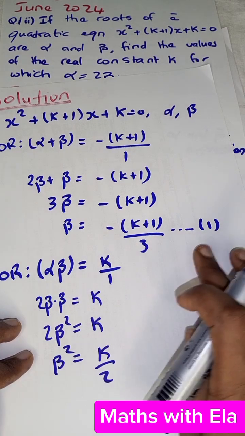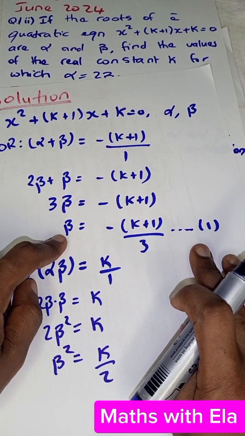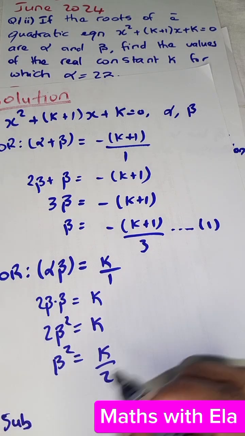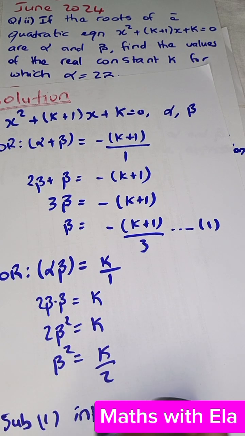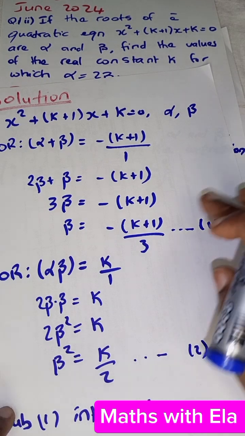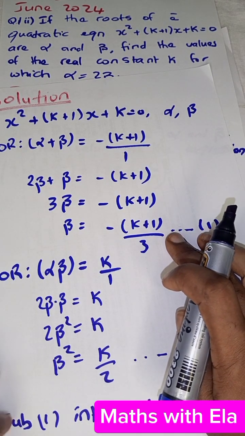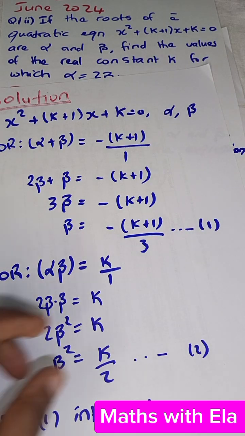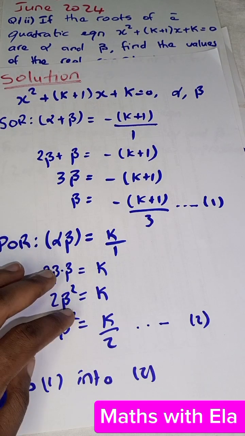But from equation 1, we've had an expression for beta. So substituting equation 1 into equation 2, let us call this equation 2. So we take this expression which we've gotten for beta and we substitute into this equation 2, and then we simplify.